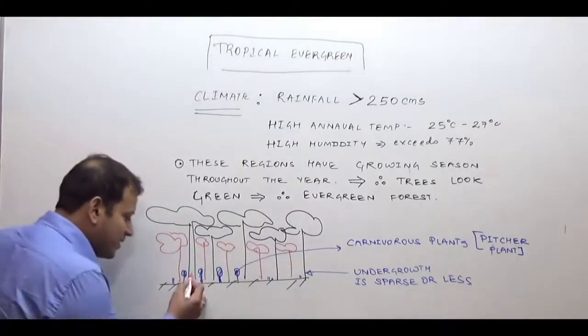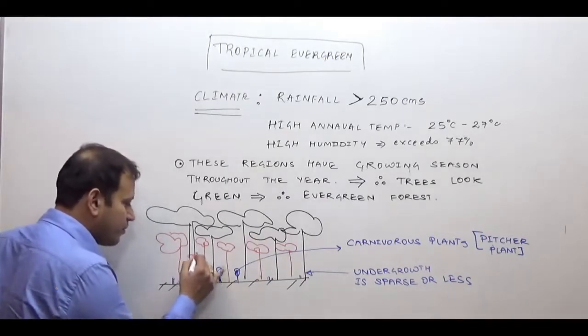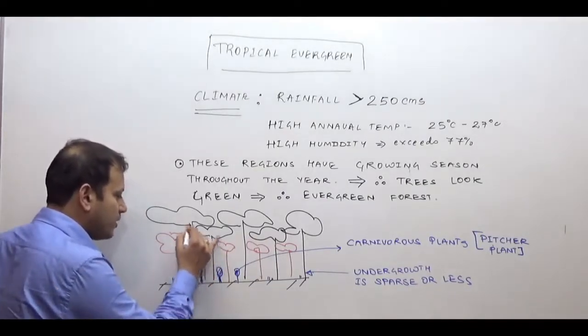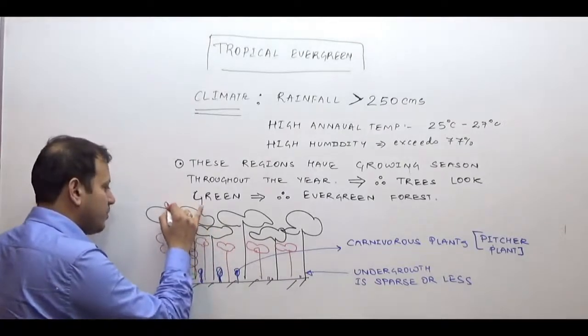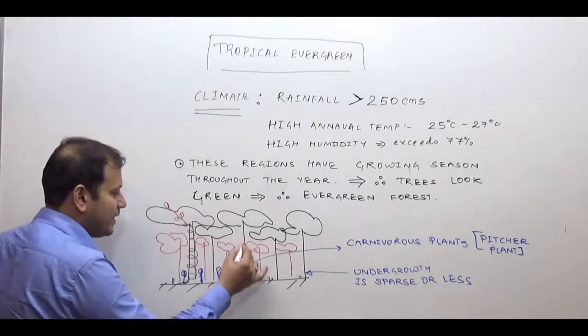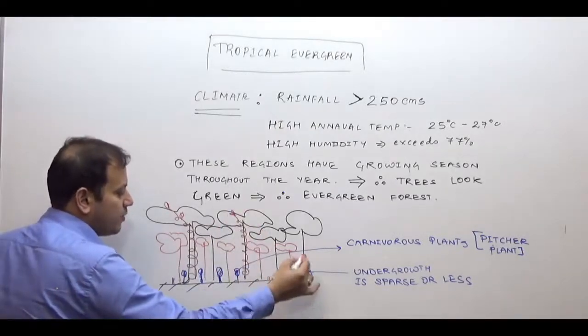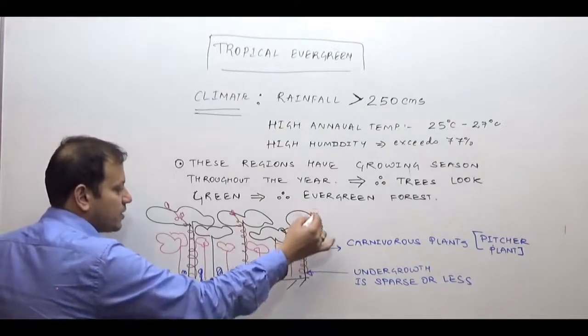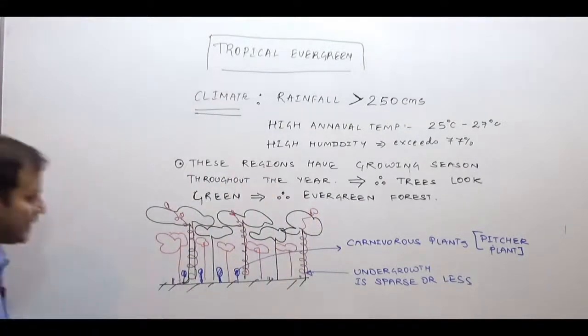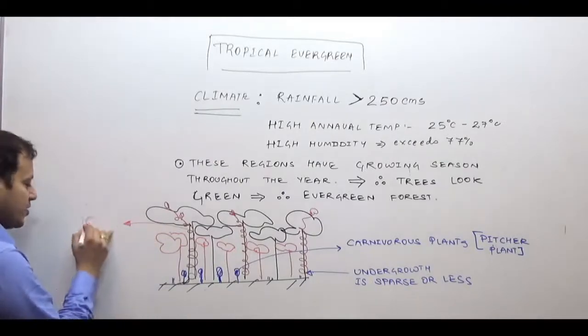So as a result of this, the trees then start climbing on other bigger trees, and they reach upwards to get photosynthesis. So the fourth criteria of this is, this region is rich in creepers.